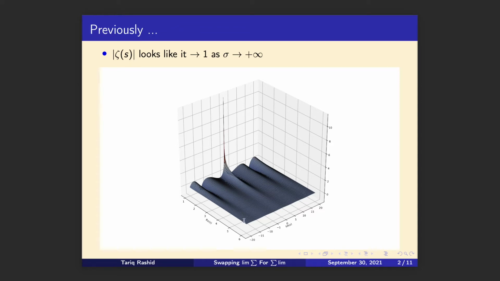And we did a little bit of algebra to show that that was the case, but we kind of glossed over a detail. So that's where this question arises.